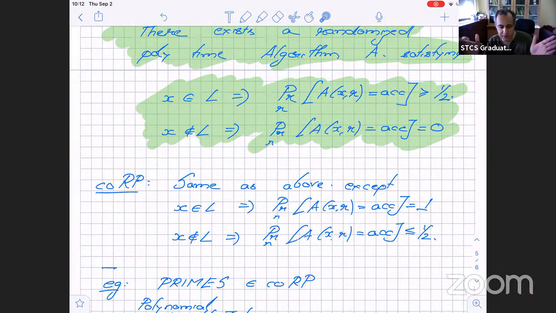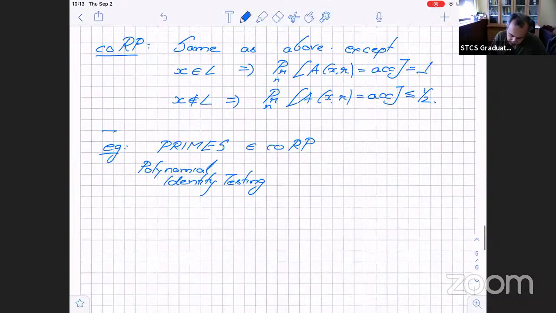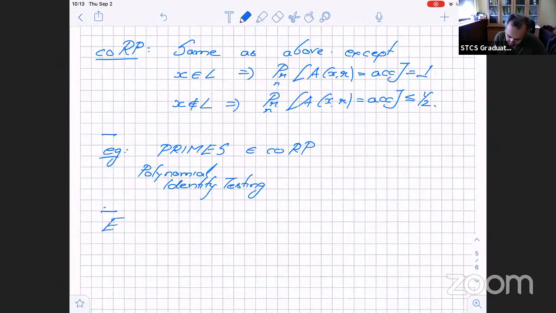You just run the algorithm on t trials with independent random coins. If on any one of the runs it accepts, you accept. If it rejects on all of them, you reject.